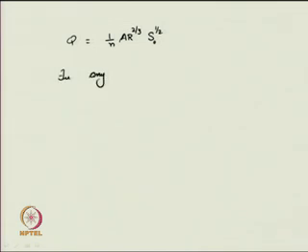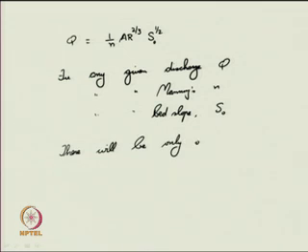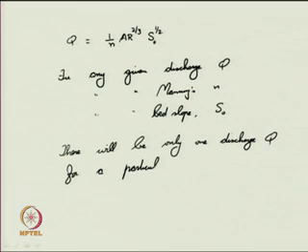for any given discharge Q, and any given Manning's n, as well as for any given bed slope S naught, there will be only one discharge Q for a particular normal depth y n.